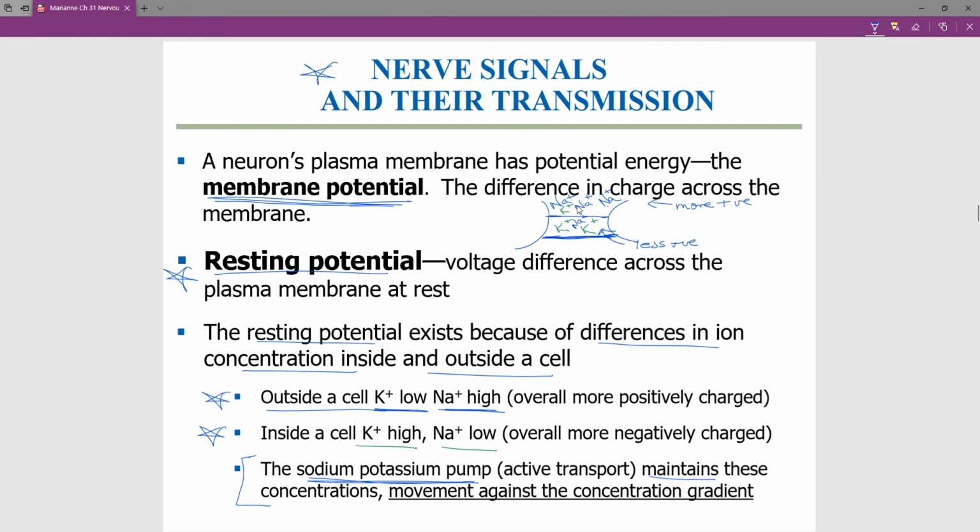Basically that's what the sodium-potassium pump does. It moves both of those ions in opposite directions against their concentration gradient, and it uses energy in order to do that. That's going to come back into our understanding of how a nerve fires. But that's really just the starting point, that resting potential.